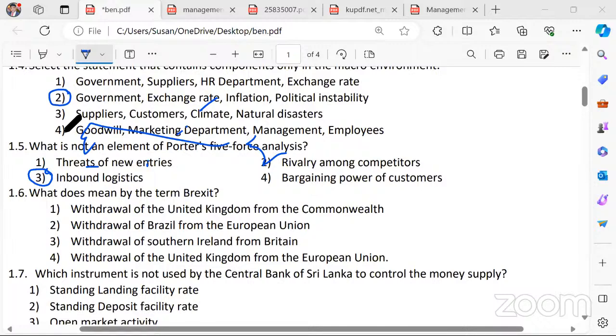Aisha? Isuri? Inbound logistic. Kavishka? Sevandi? That is a part of Porter's value chain, right?